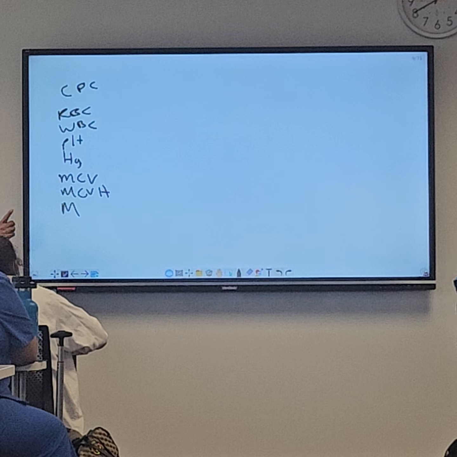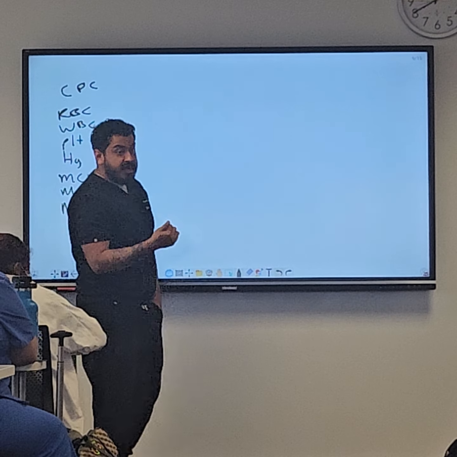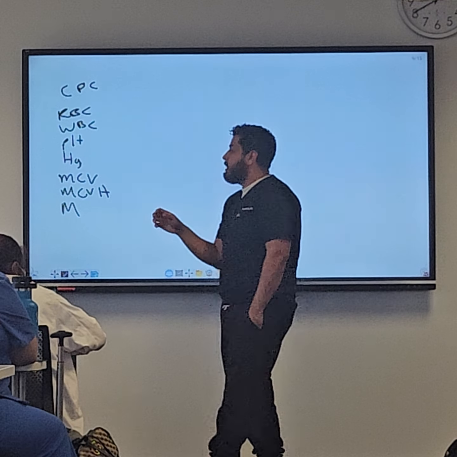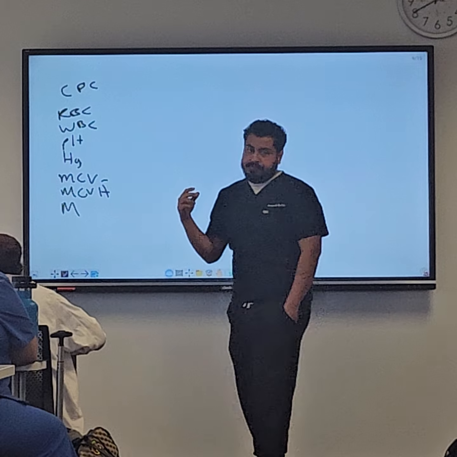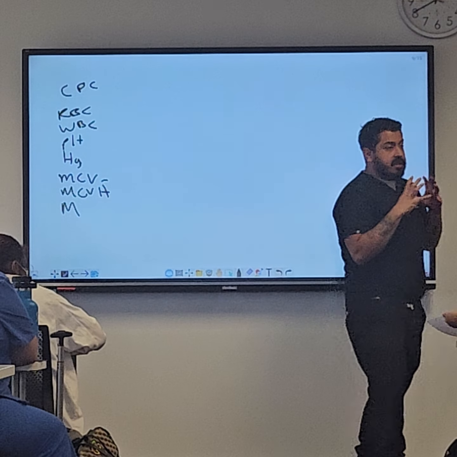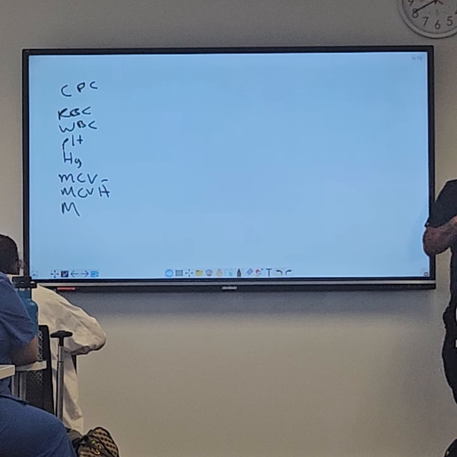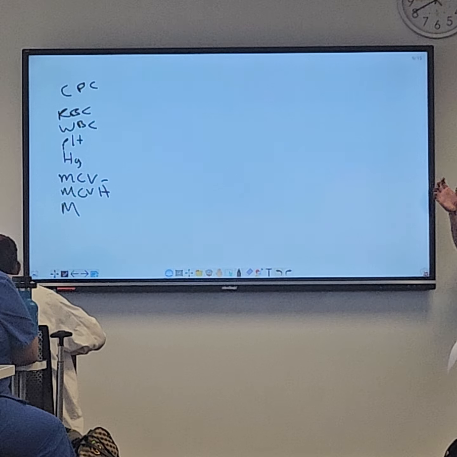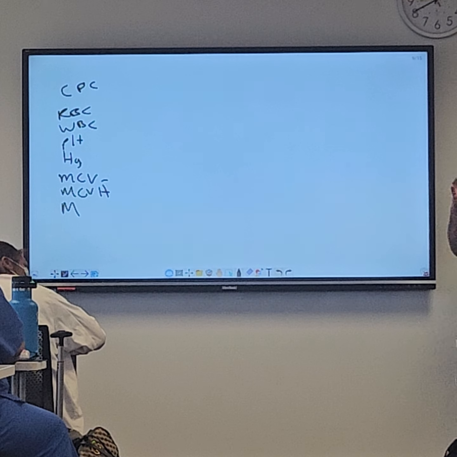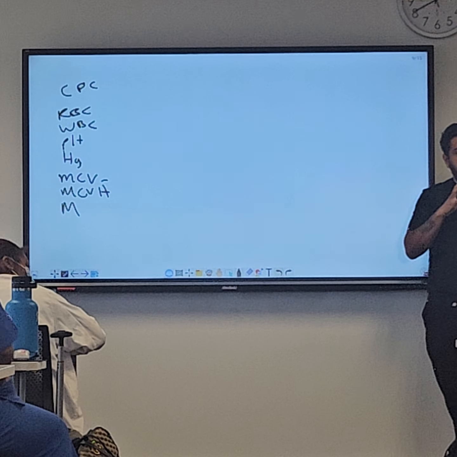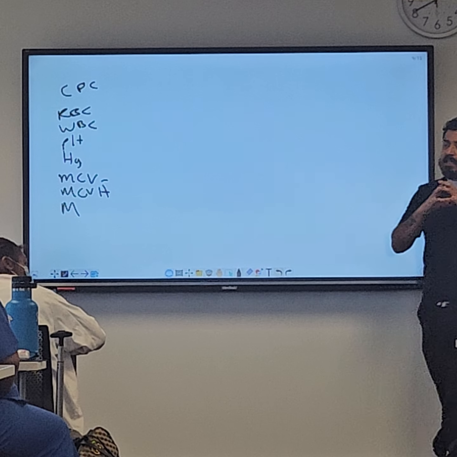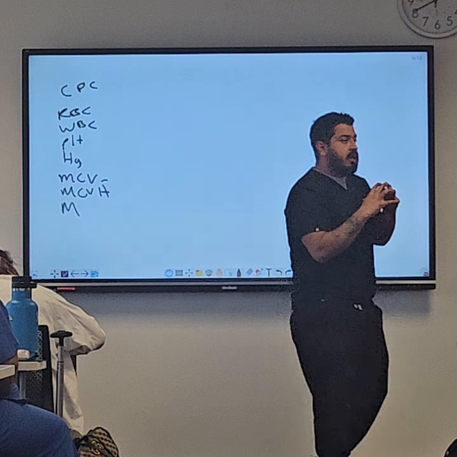These measure, okay, if you look in your book, it has it in there. Mean corpuscular volume is how big the blood cell is, okay? The other one is a percentage. These three will identify whether the cell is enlarged and its capacity to carry hemoglobin, okay?